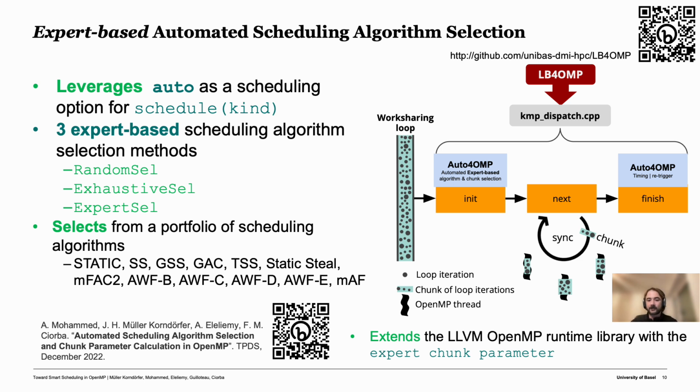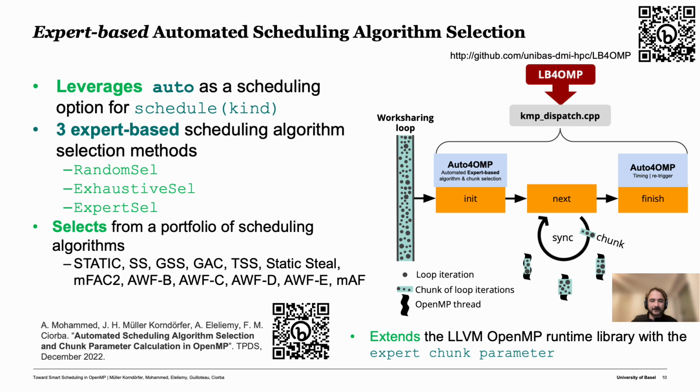Then there is an exhaustive selection method that basically tries once every technique and chooses the one with the lowest execution time. And there is one method we call expert cell, which follows fuzzy logic to select scheduling algorithms. And these methods select among all of these algorithms listed here.